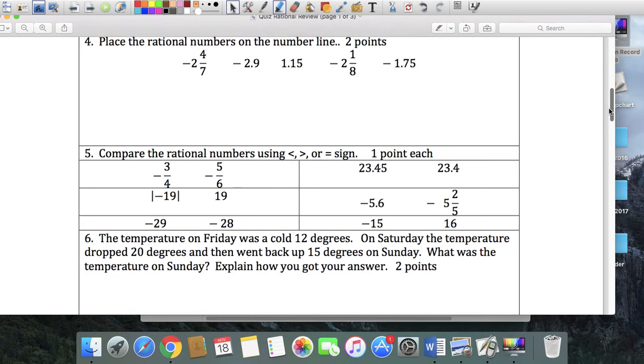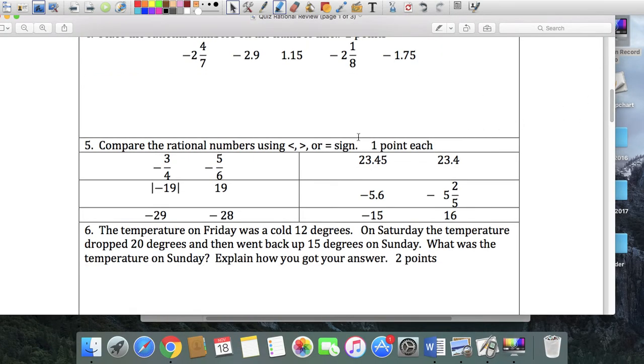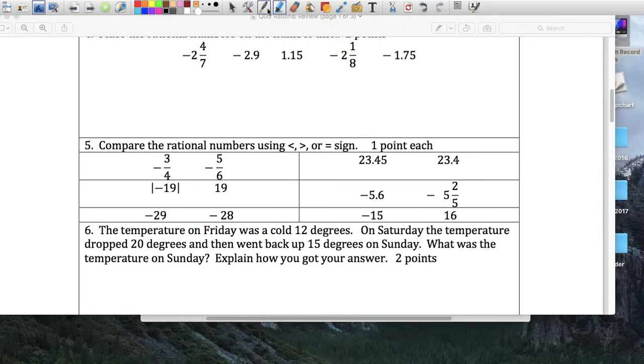Compare using greater than, less than, or equal. So in this case, negative 3/4. I'm going to change that. Hopefully you can see it here on the top. That's negative 0.75. And 5/6, I'm going to have to check that.